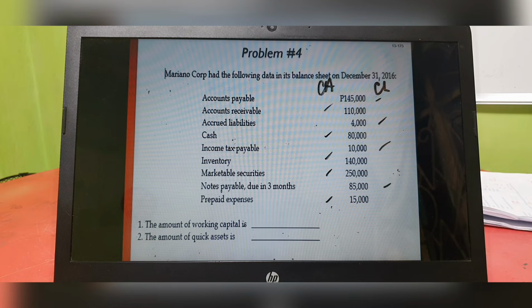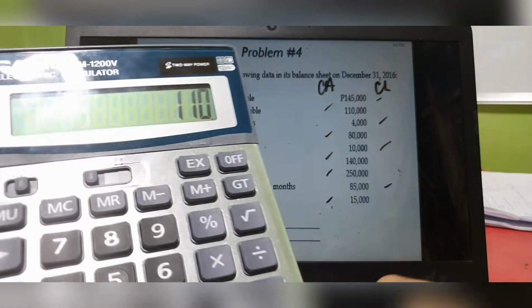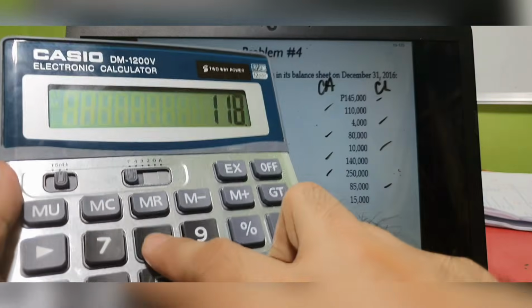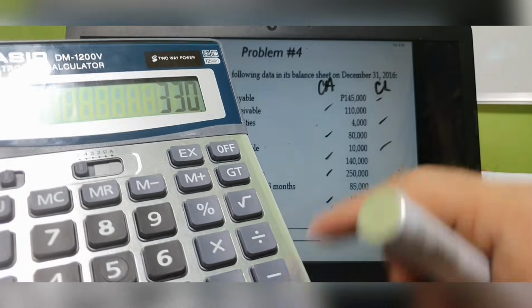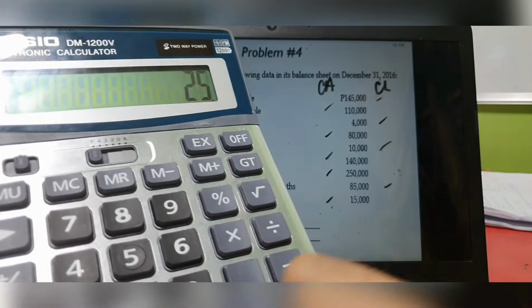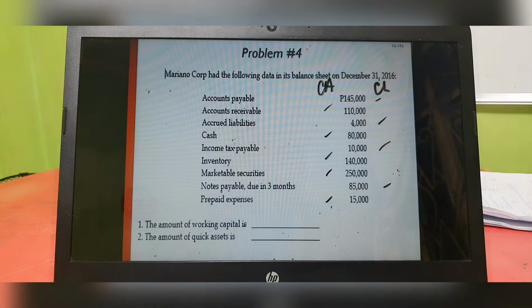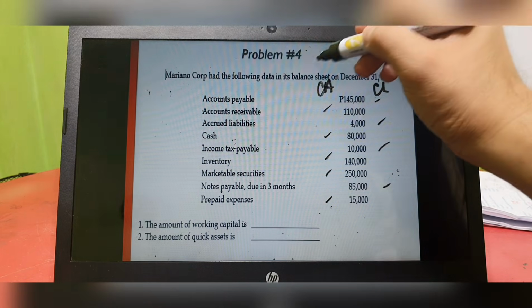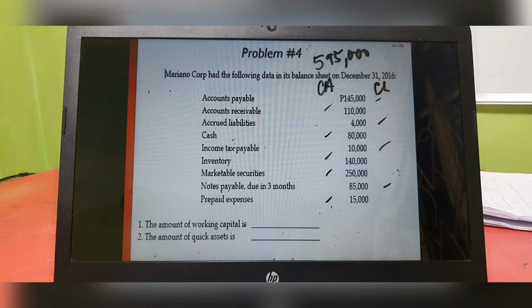So let's compute for the current assets. So that would be 110,000 plus 80,000 plus 140,000 plus 250 plus 15,000. 595,000. Okay, 595,000. How about your current liabilities?